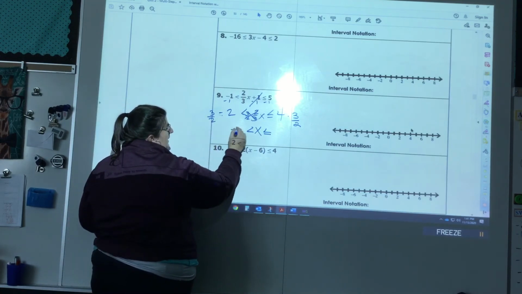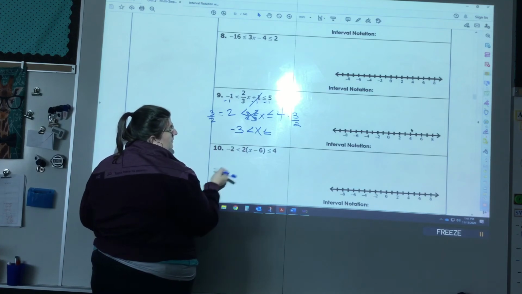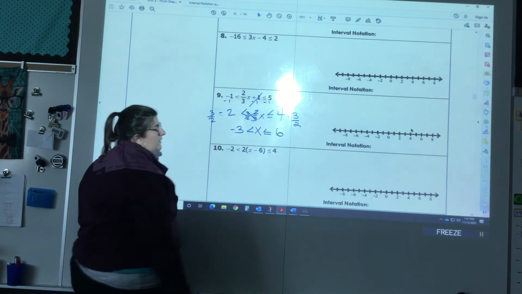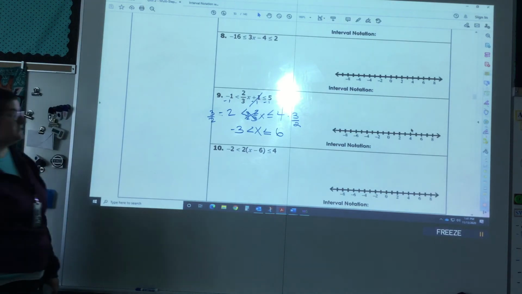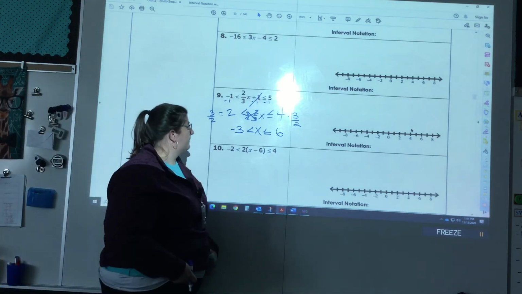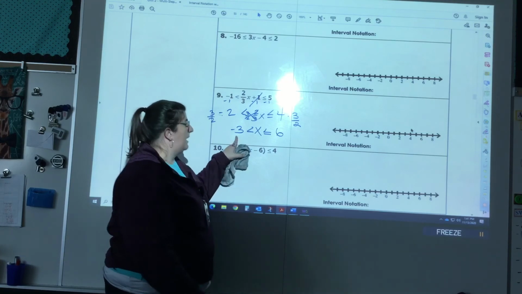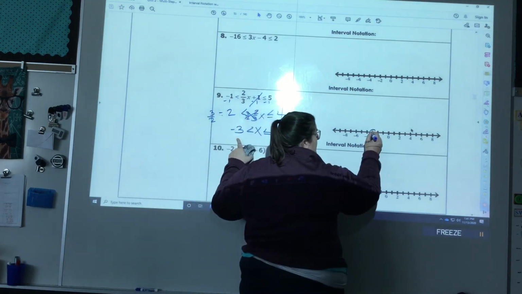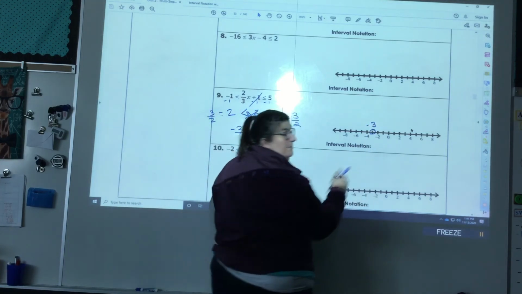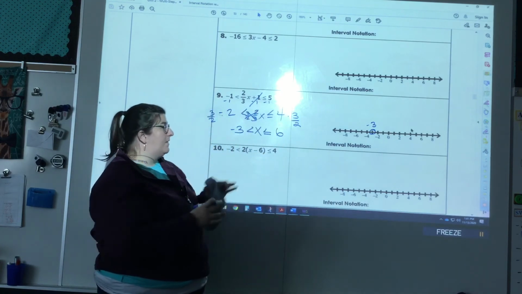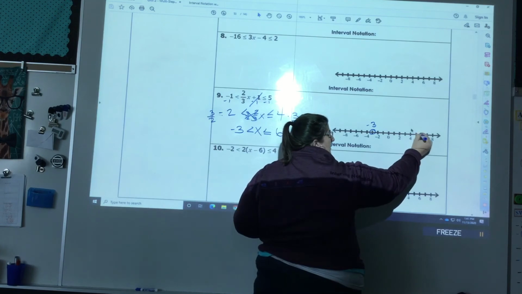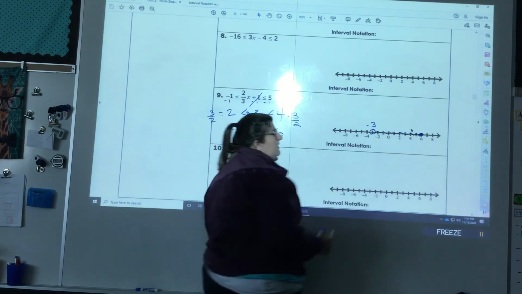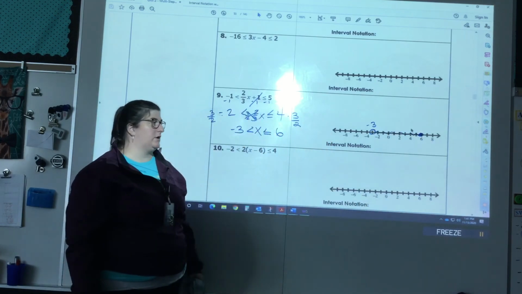We've got -3 over here and 6 over here. One is an open dot, one is a closed dot. At -3, which is right here, it's open. We mark it because it's not labeled on the number line, and at 6, it's a closed dot. I don't need to label 6, it is written on the number line.